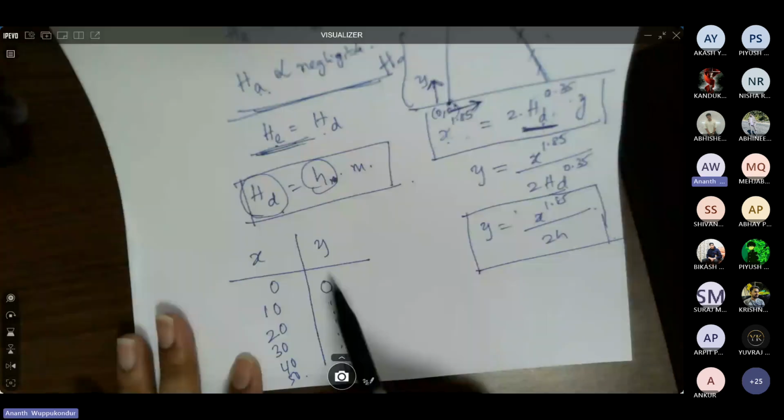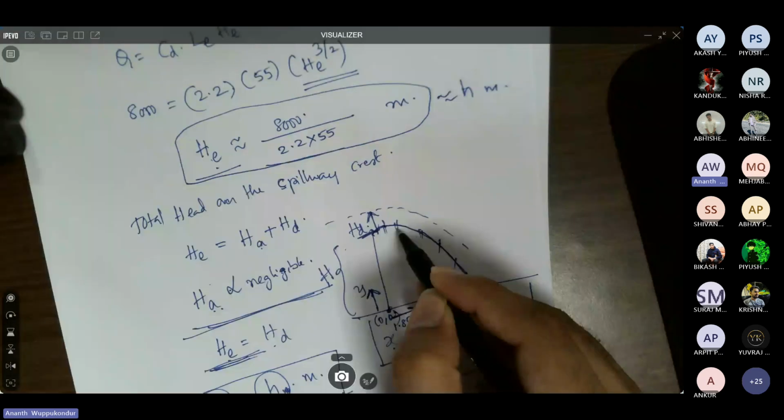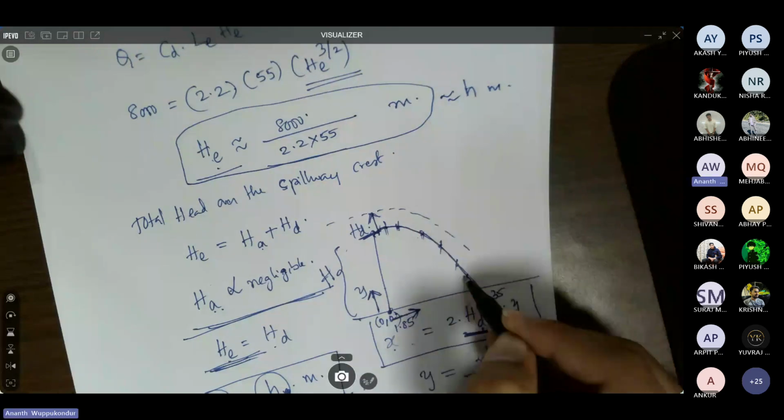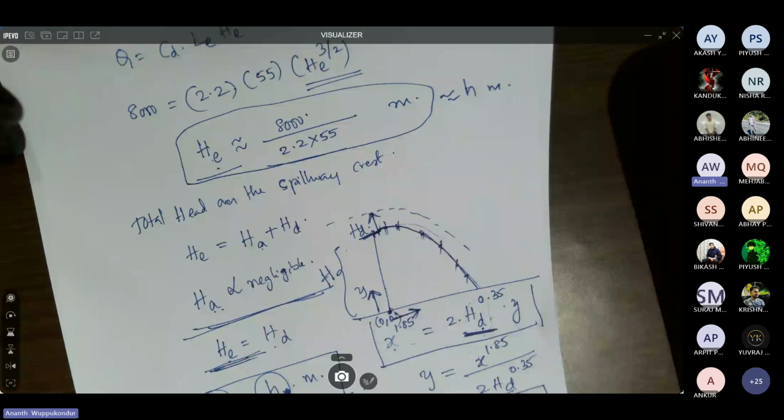So now you get several points along the profile, and if you join all of those points, that could be your spillway profile. So this is how we can design the spillway profile for gravity dams.